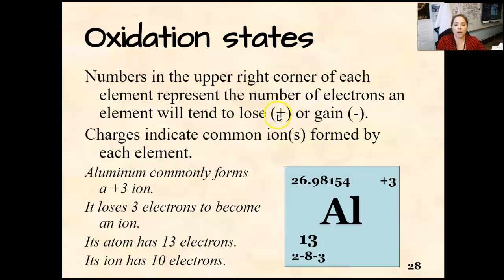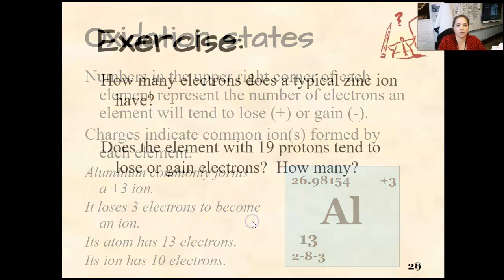Charges indicate common ions formed by each element. So aluminum usually forms a +3 ion, meaning it loses 3 electrons, not ions. The atom has 13 electrons. Its ion has 10, because it tends to lose those 3 electrons.